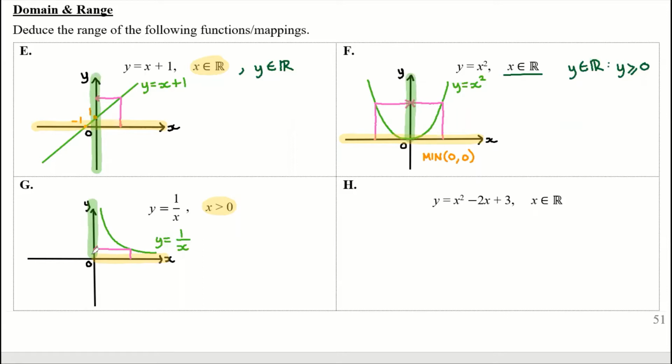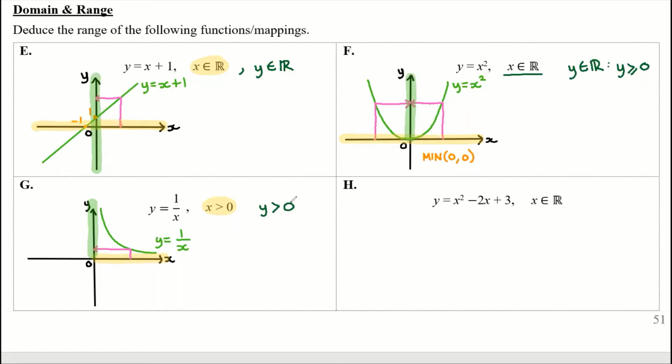So it looks as though my range, from what I know about this function, is going to be y values that are greater than 0. They can't be equal to 0 because y equals 0 is an asymptote, but they can be greater than 0.